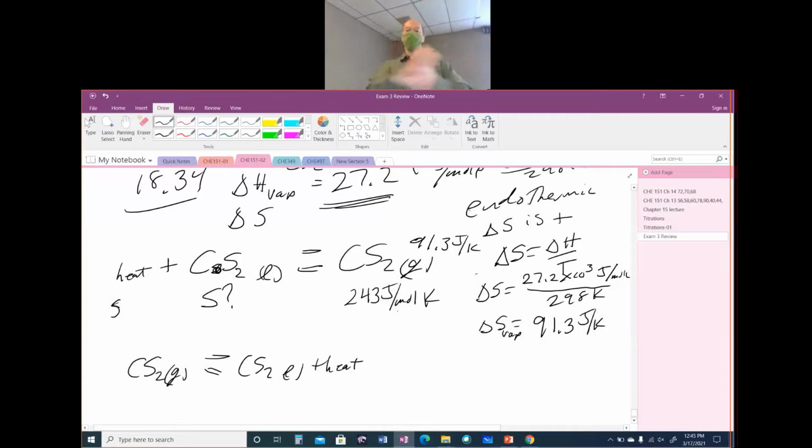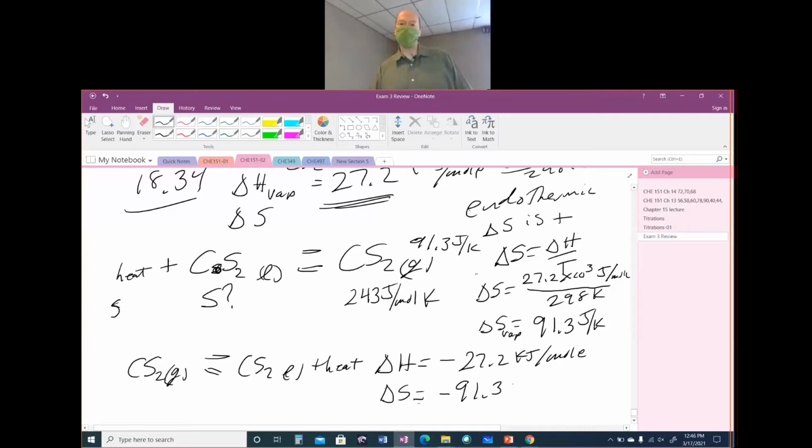So now we reverse the reaction, and the delta H is negative 27.2 kilojoules per mole. And also, when you reverse the reaction, we're going to get a negative delta S because we have a gas going to liquid. That is less disorder, and that is negative 91.3 joules per Kelvin. Either way you do it, you're going to get the same answer to the question.